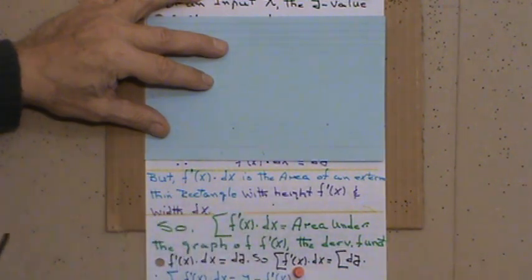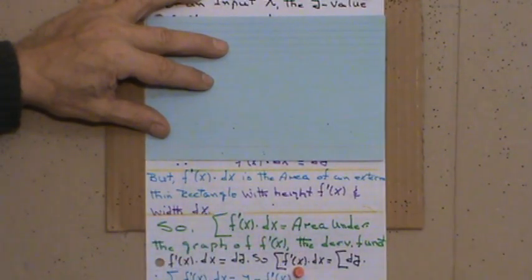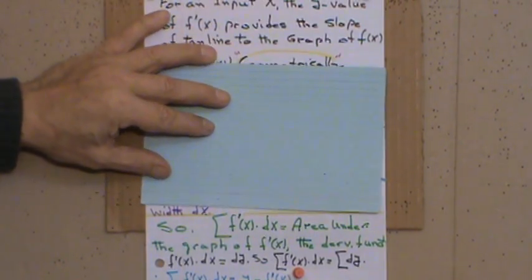It is the area of an extremely thin rectangle. Now, the height of this rectangle is f prime of x, the output of f prime of x. And the width of this rectangle is dx, which is the limit of delta x as delta x approaches 0. So far so good, huh?